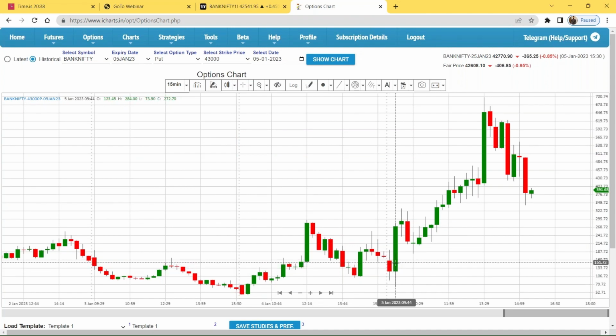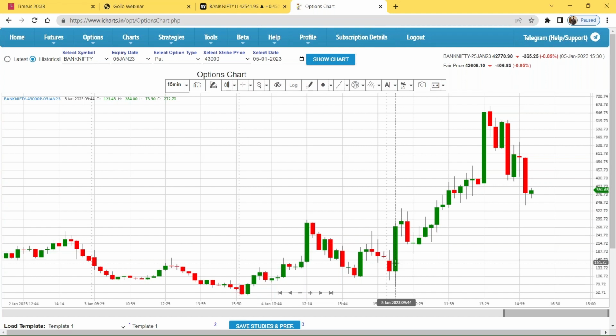The high of this candle is 284. So where will we place? I think people are getting confused. See, either you can trade futures or you can trade options. Options are independently different from futures. So simply you will go to your demat account. You will place your orders at the high of this options candle. The high of this candle is 284. So you will place your buying orders at 285.